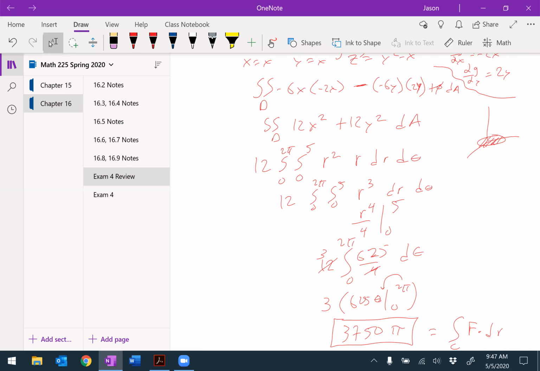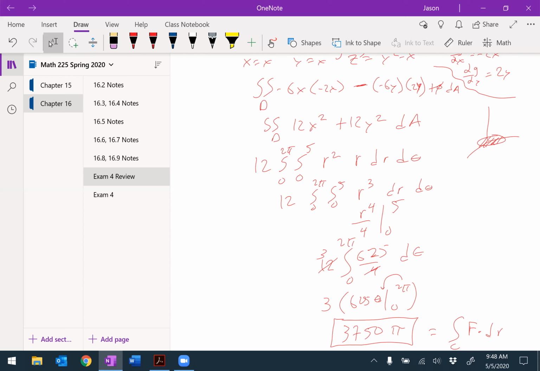So for the final, you could print it off if you have a printer, or you could use OneNote or anything else. It will look like a regular exam. There will be space for you to write all your work in between the problems. So you could print it off and write out every single line.